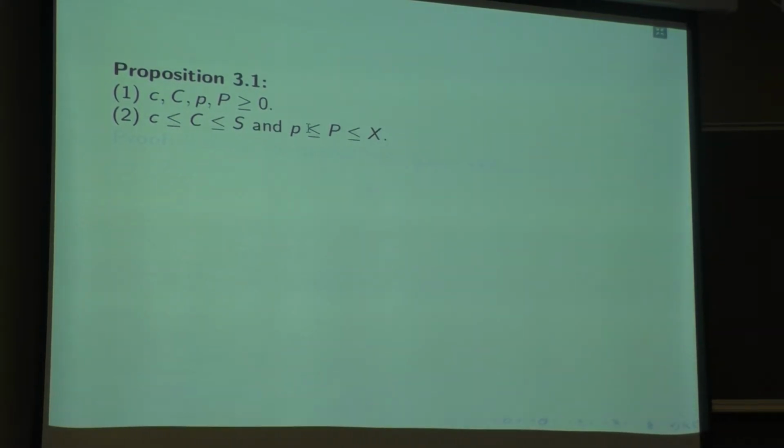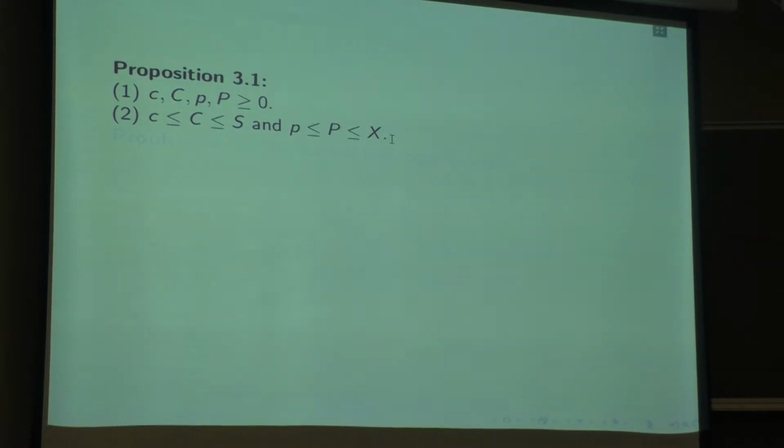And European put options are not more valuable than the corresponding American put options, and those are not worth more than the strike price. So let's see, this is an exercise in remembering what these options are.